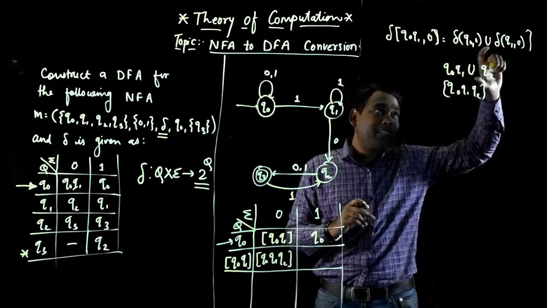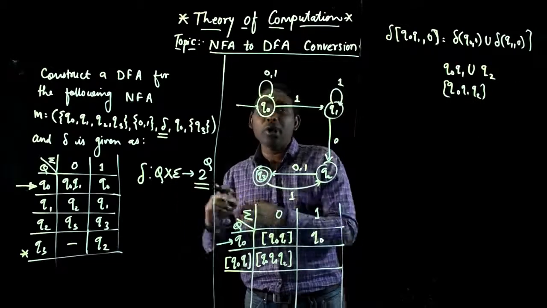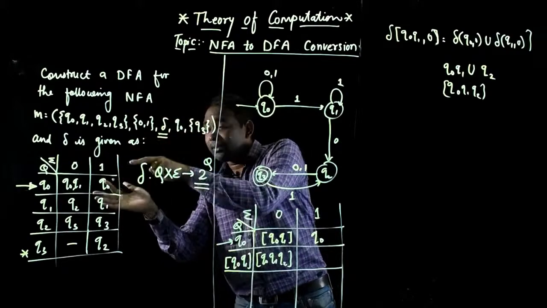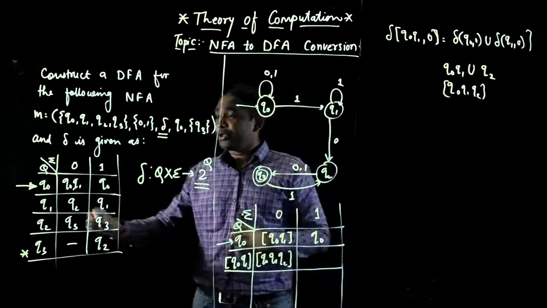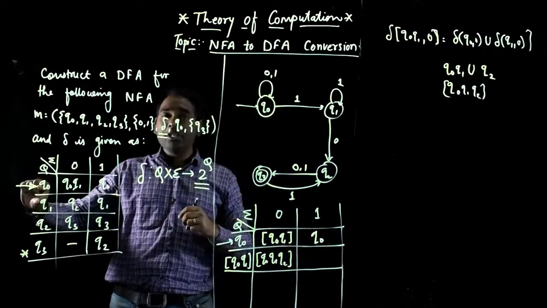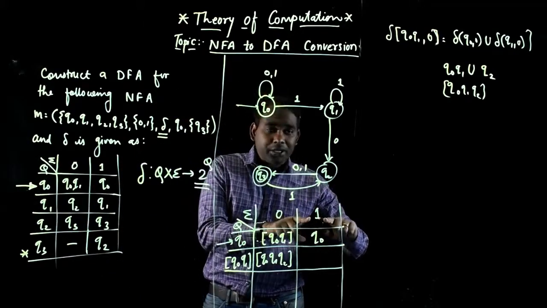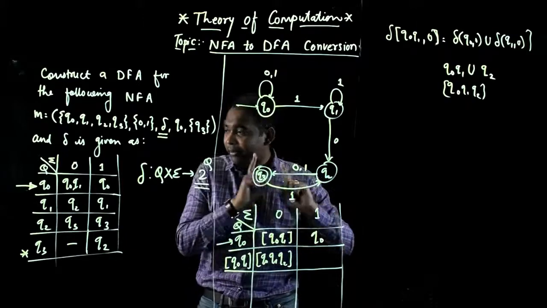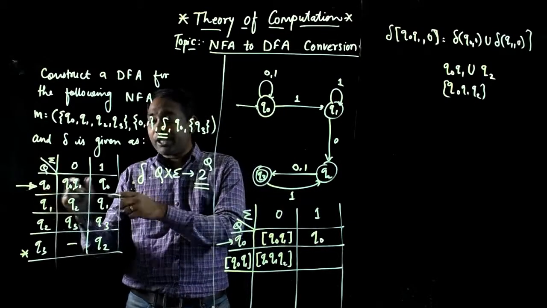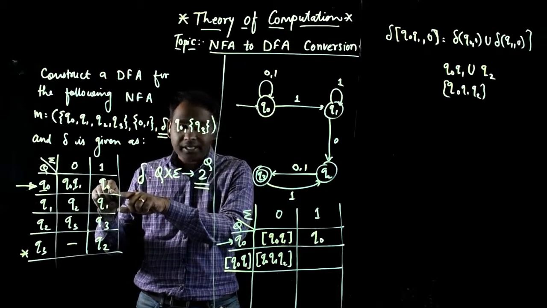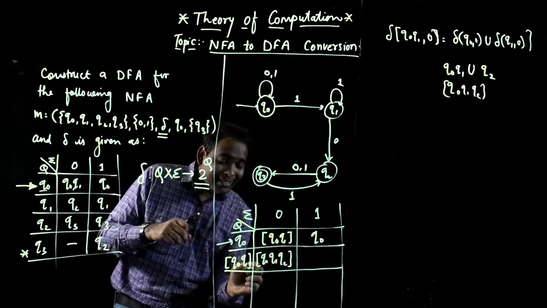We'll perform the same step, but I'll show you how to perform it directly by seeing the given transition table. I am now dealing with these two states, Q0 and Q1, and I want to find out the transition on input symbol 1. Q0 on 1 goes to Q0 itself, and Q1 on 1 goes to Q1.